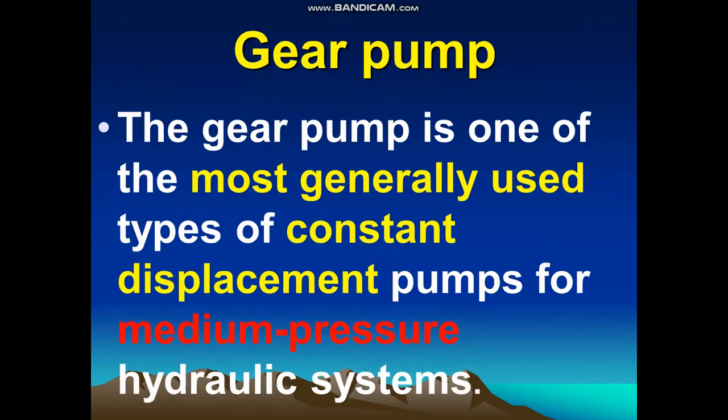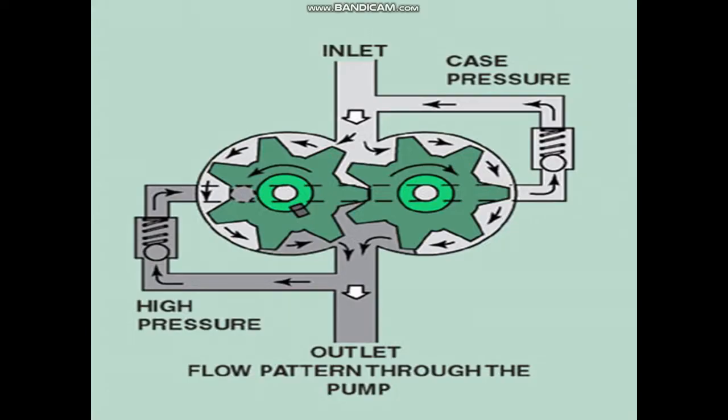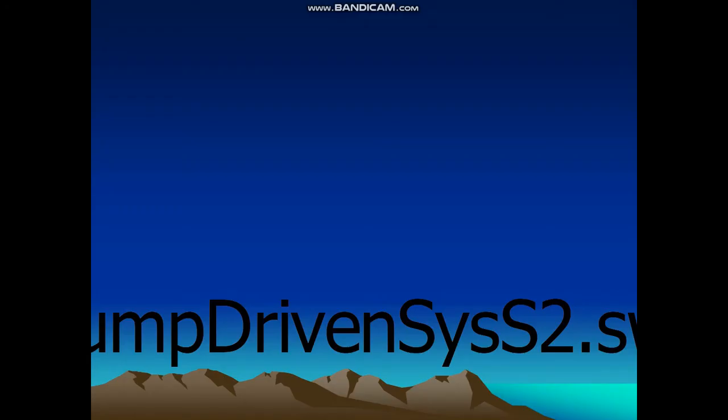Gear pump. The gear pump is one of the most generally used types of constant displacement pumps for medium pressure hydraulic systems. And this is our gear pump. Gerotor pump.